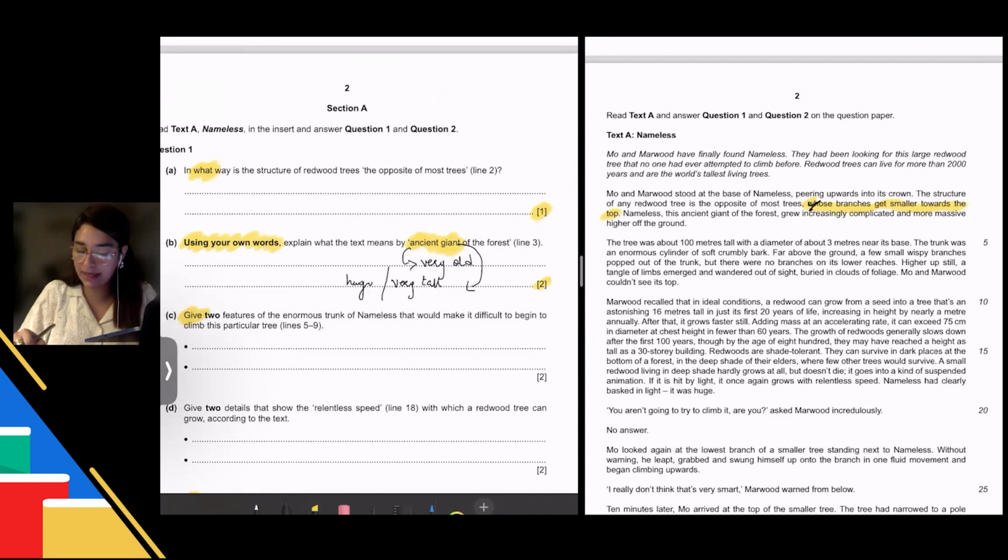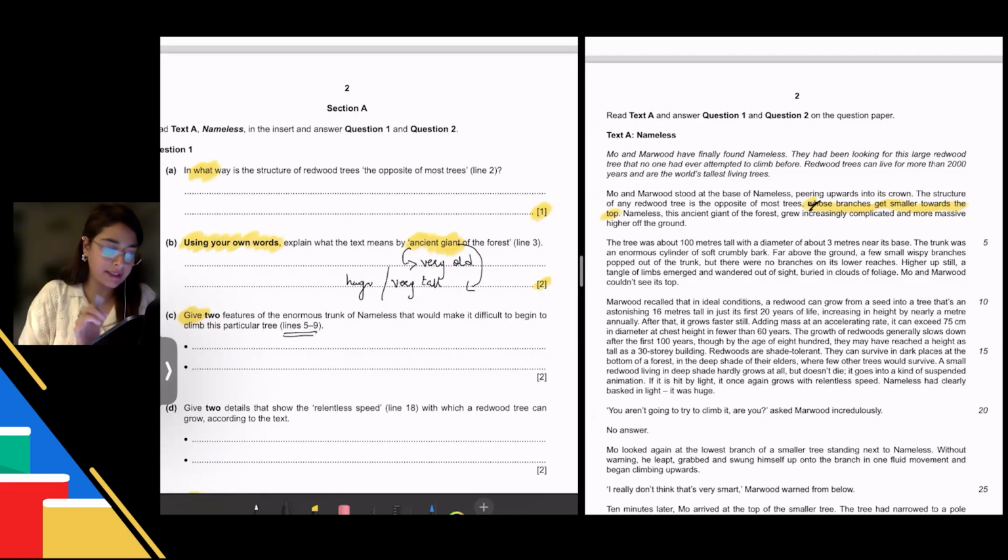We need to make sure that we do not identify the incorrect piece of information. When they give you multiple lines as reference, this is your sign to look out for misguided information as well. If you read lines 5 to 9, you'll notice that they describe quite a lot about the trees, but we need to identify the particular feature that makes it difficult to climb and not any other feature whatsoever.